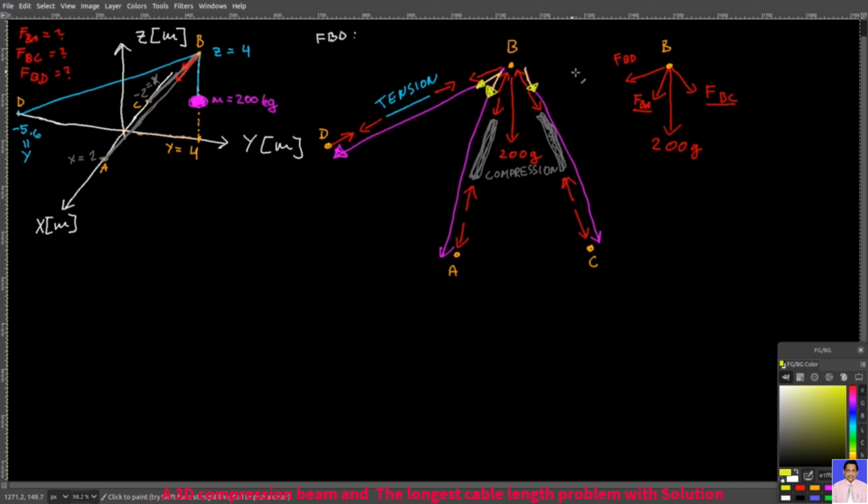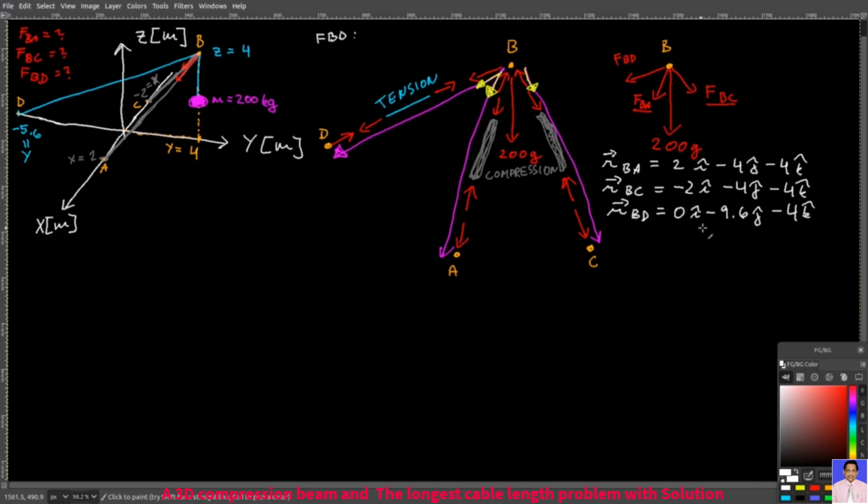It's easier if everything originates from one point. But that means that also all the forces need to originate from one point. And so I will have another displacement vector, BA, that's this one. Then the displacement vector BC, that's this one. And the displacement vector BD, that's this one here.